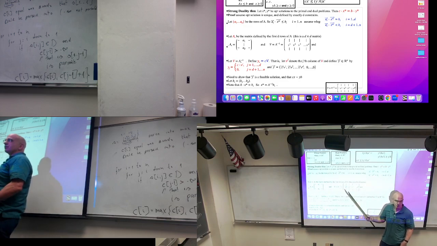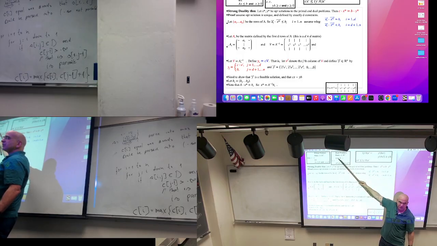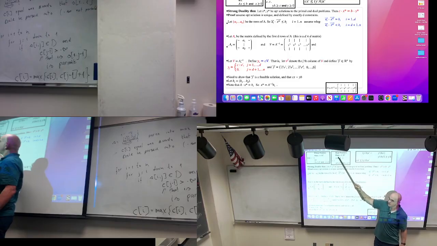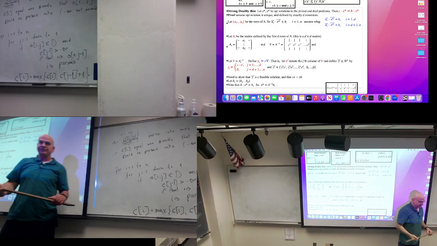It's the same C that was the cost function of the primal. And YA is larger than C. And my cost function, I don't maximize, I minimize. If I was minimizing here, then I switch to maximize. Y dot product B.